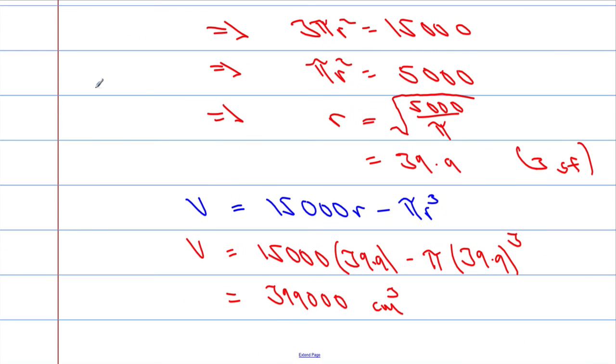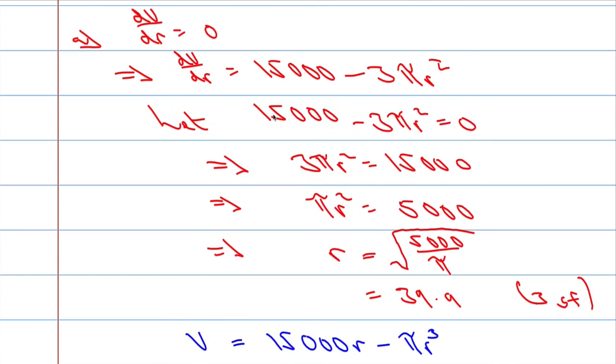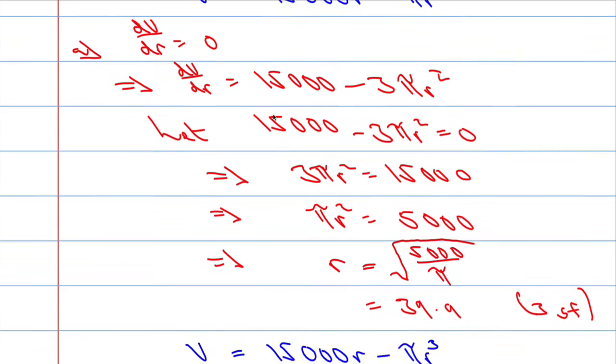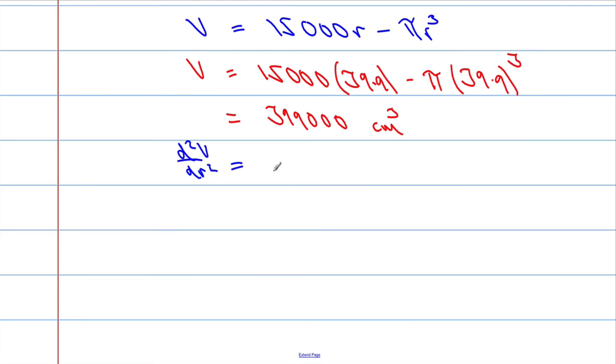So what we need to do is get the second derivative. So take the second derivative, d squared V by dr squared, and that's going to be negative 6 pi r.